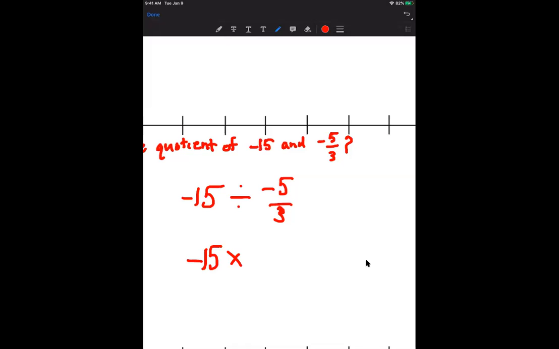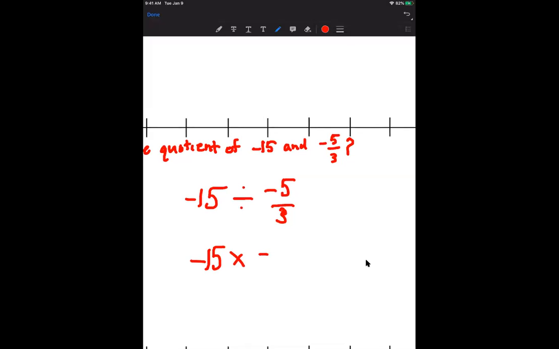It's all right. So the reciprocal is just, you flip it around. So the negative 5/3, we're going to move the 3 to the top, and then the 5 to the bottom. So now we can just go ahead and do some straight across multiplication.